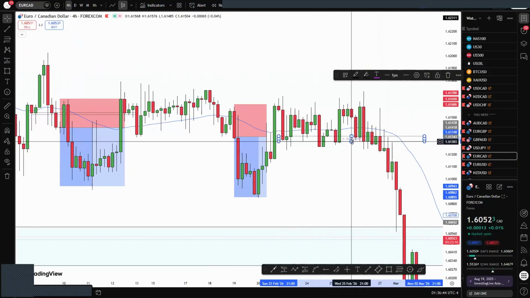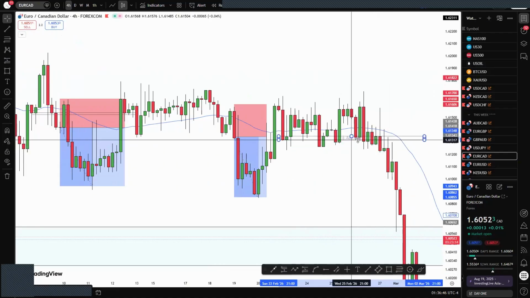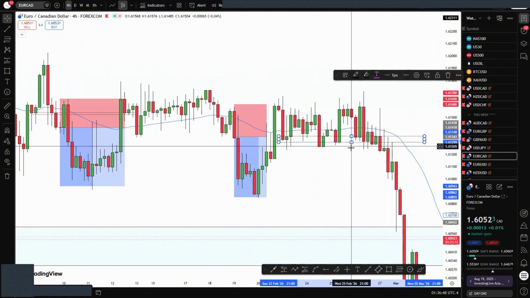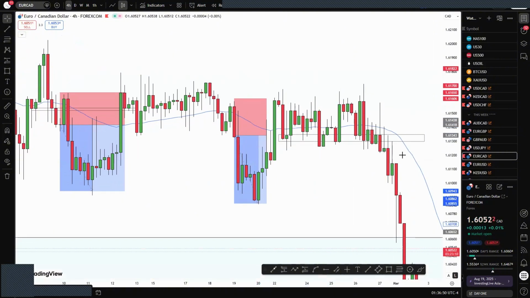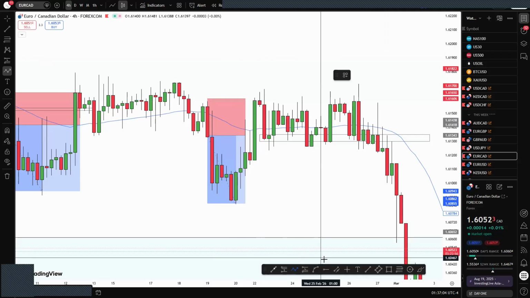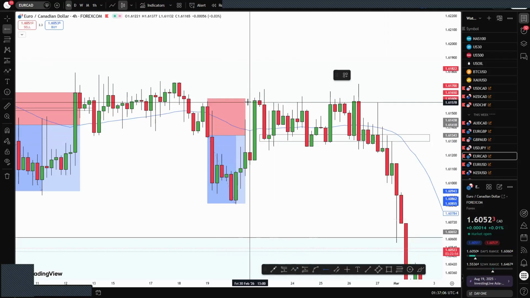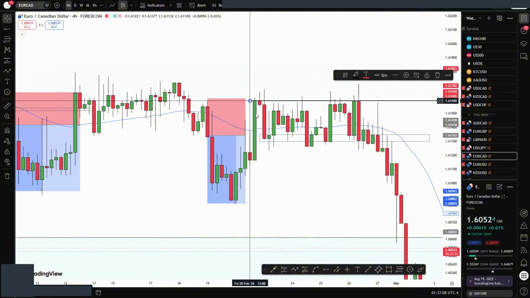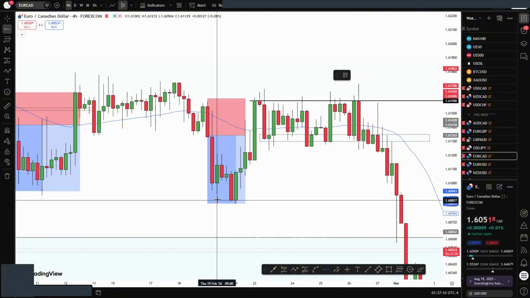If you can clearly see what's going on here, price has broken above this level. Please just try to pay attention to this for a minute. You can see price was still bullish because it didn't break above, and this was the higher high, and this was the higher low.